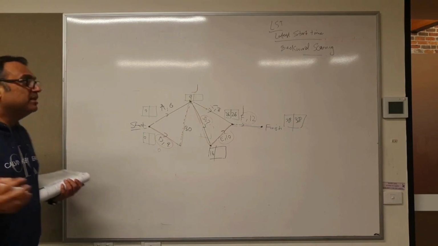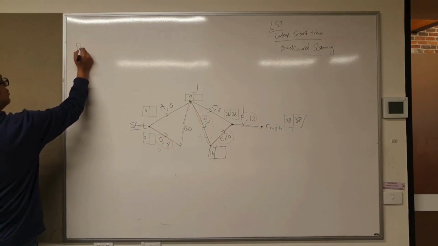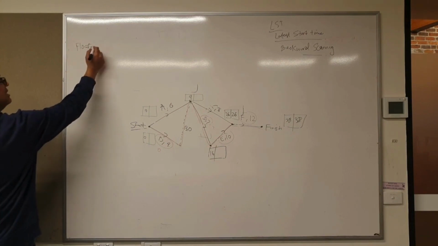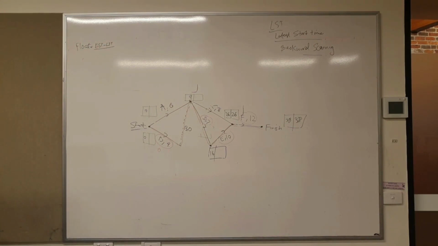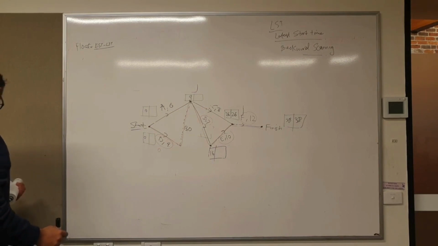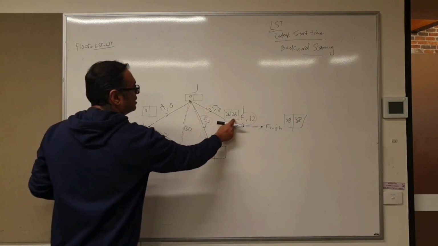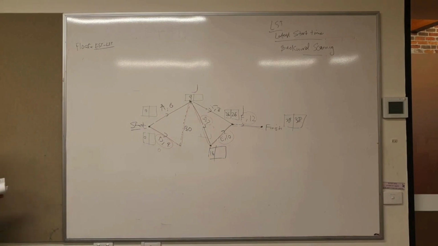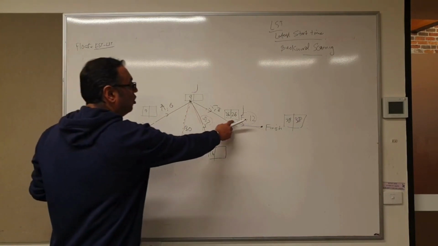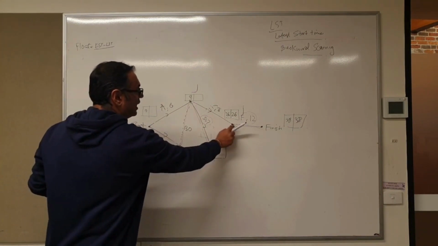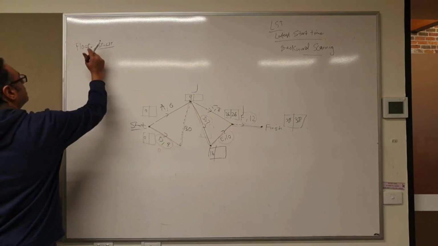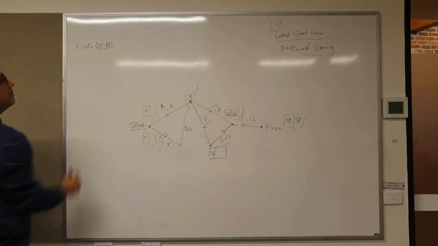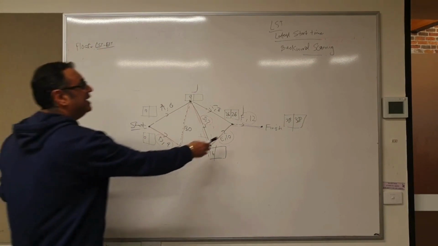The float of any activity is LST minus EST, which is 0 in this case. So you cannot delay activity F at all, and you see our red line also has F in it.